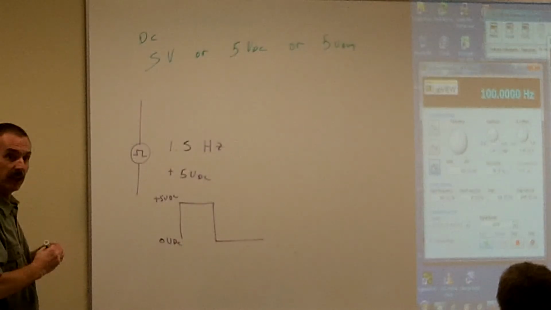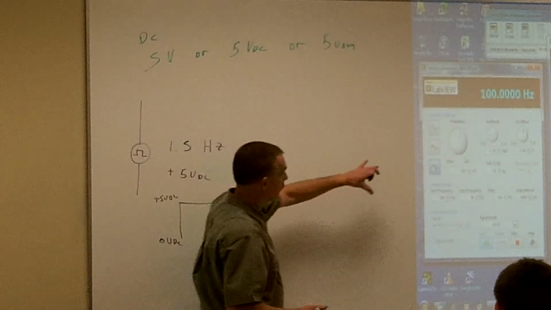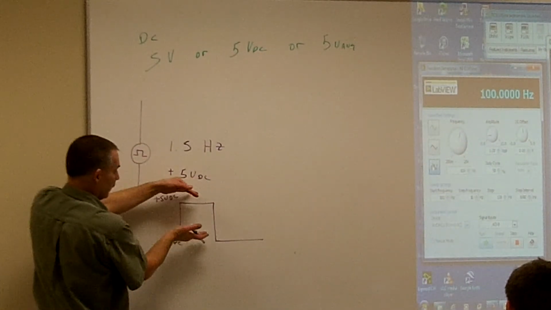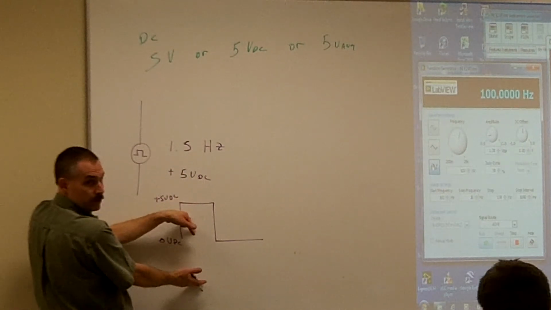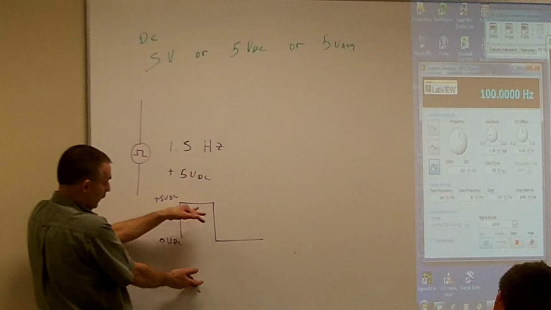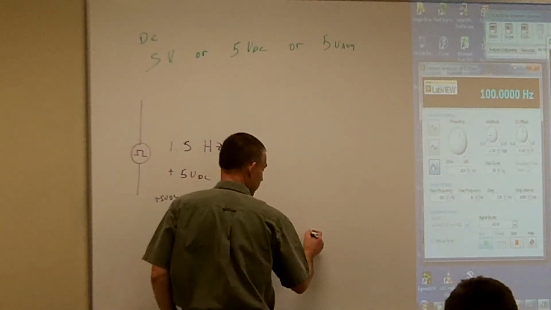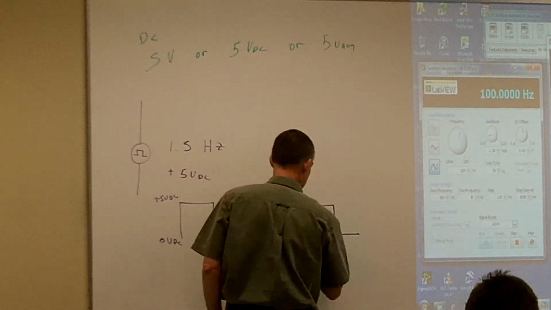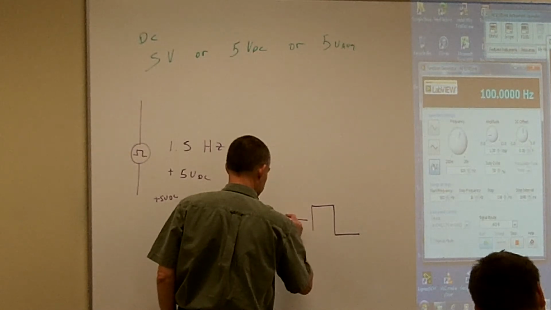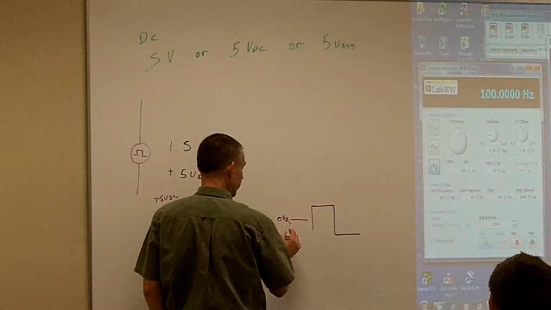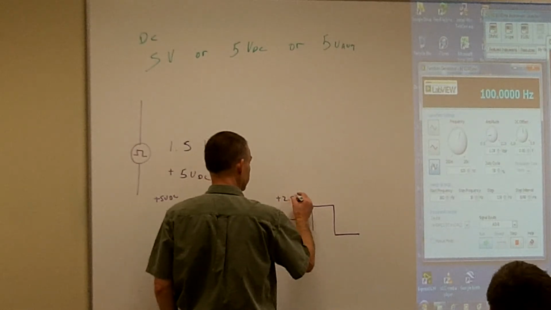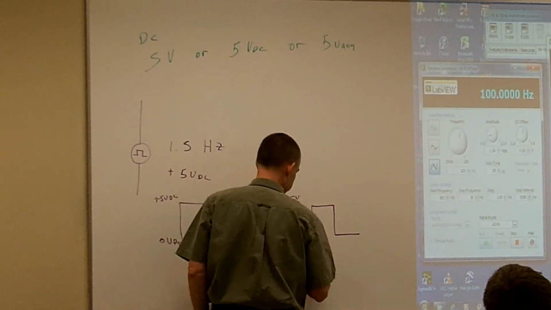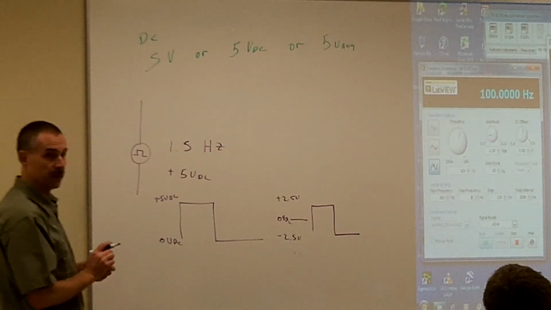When I first turn on my function generator with a DC offset of 0, it's going to take my voltage peak and go half below my 0 volts DC, and half above. Here's my DC reference. It brought it up to a plus 2.5 volts and down to a negative 2.5 volts. That's what your function generator is going to do.